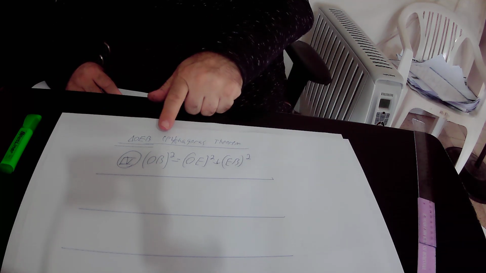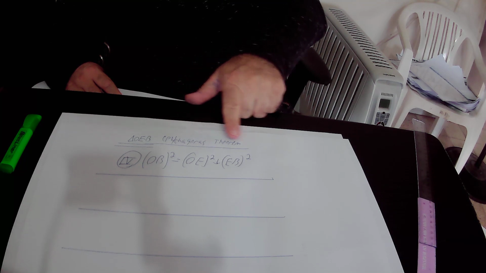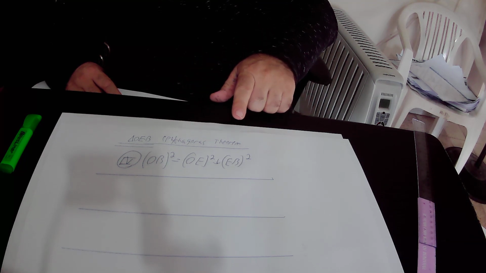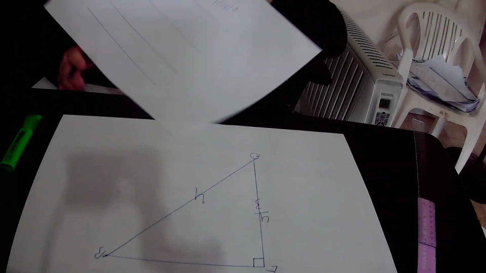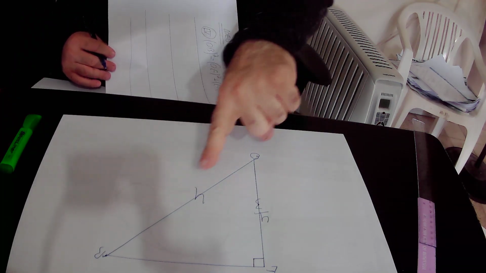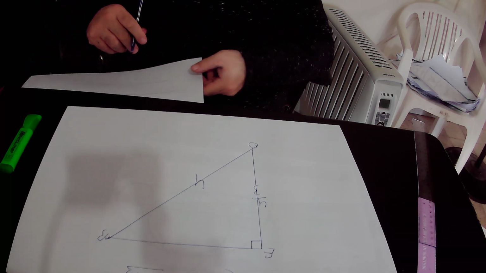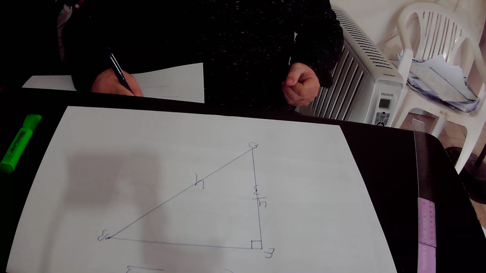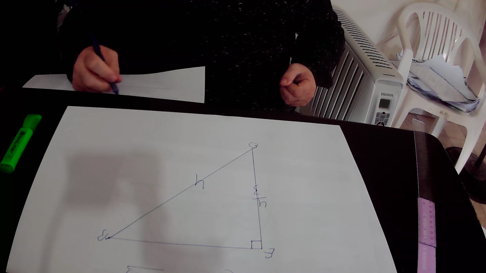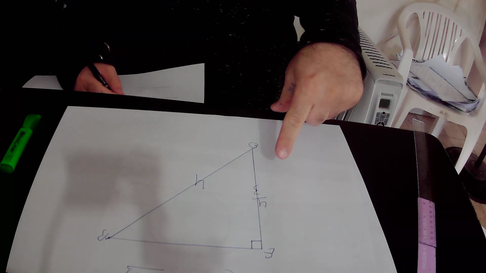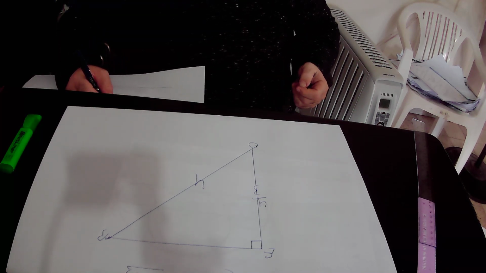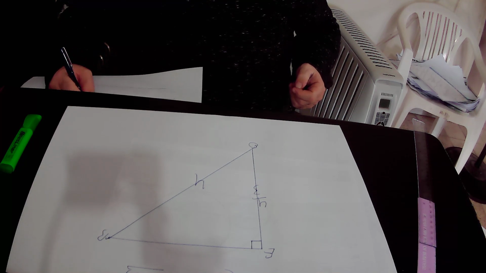That is to say, OB square equals OE square plus EB square. And we know that OB equals 4 units. Therefore, OB square will be equal to 16 because 4 square is 16. 16 equals OE square plus EB square, where OE equals 4 over 3, so OE square is 4 over 3 square.